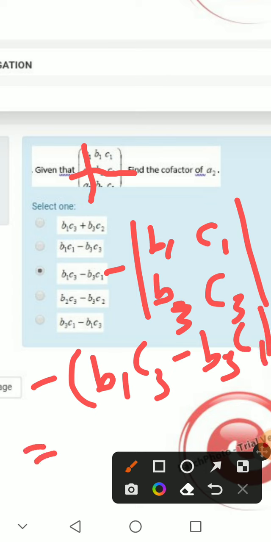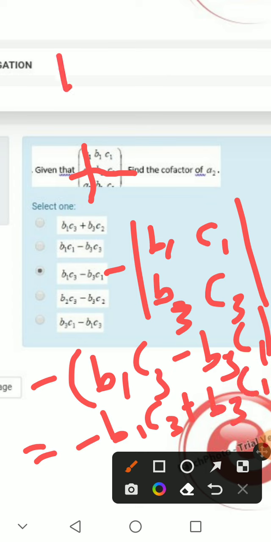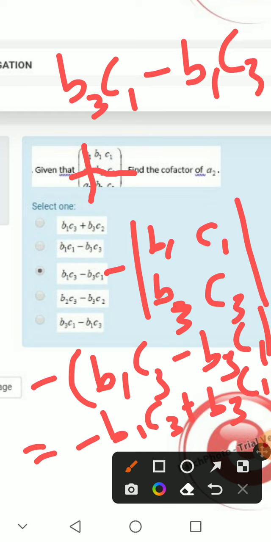So if you open the bracket now, put minus, you get minus B1, C3 plus B3, C1, which we can also write as B3, C1 minus B1, C3. Okay, that's the answer. B3, C1 minus B1, C3. So the answer is E.